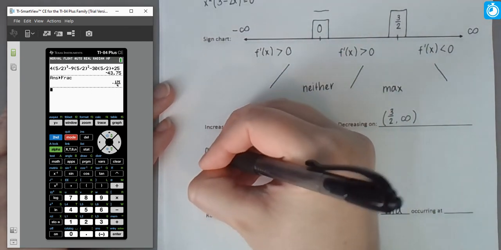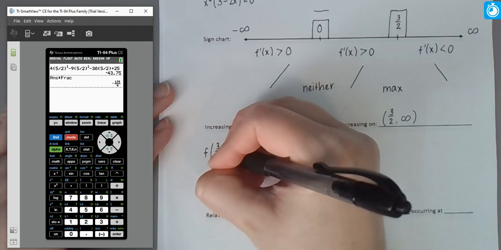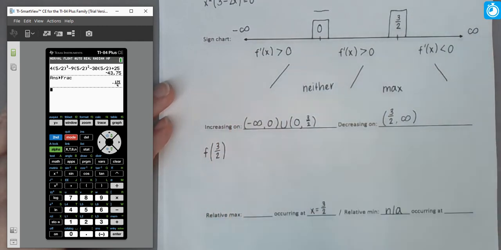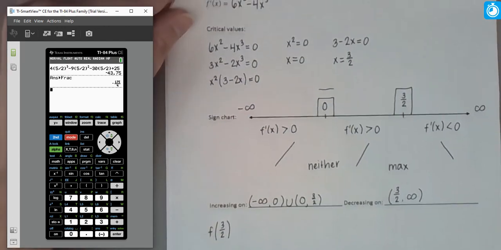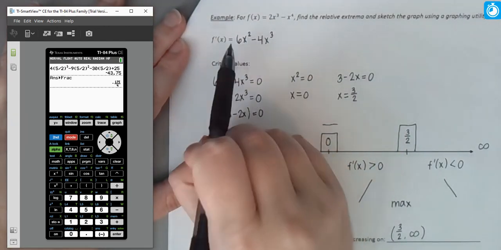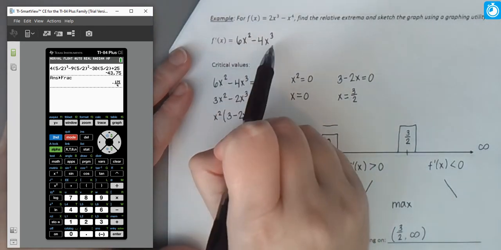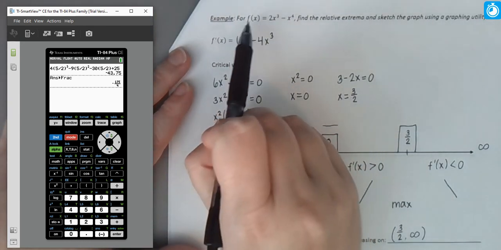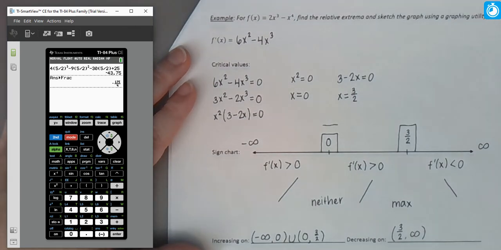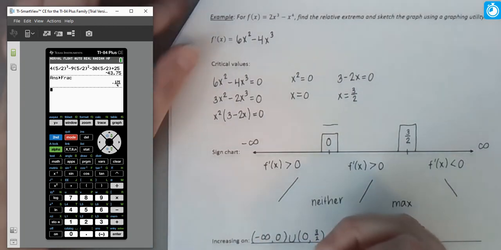So in other words, what is the function value at x equals 3/2? That's the question. Okay, well, let's plug that into the function again. Remember, we want an output for the actual function, the actual y value at that location, not the value of the derivative, but the actual y value.